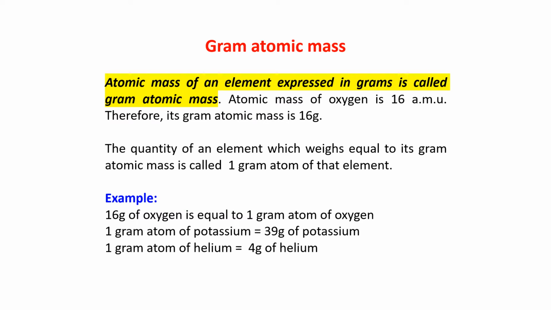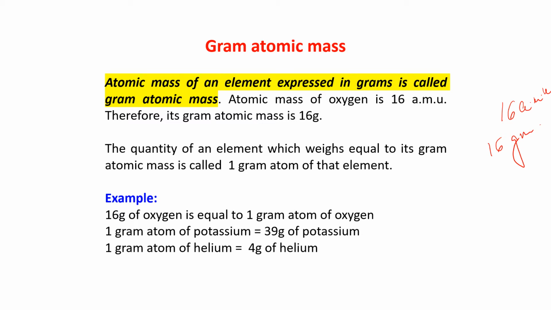Gram atomic mass. Very easy. Atomic mass of an element expressed in gram. You are saying that the atomic mass of oxygen is 16 AMU. If I say gram atomic mass, I'll say 16 gram.